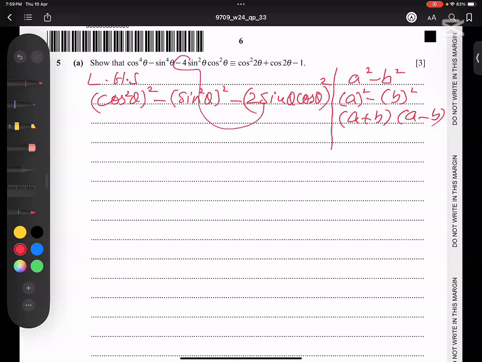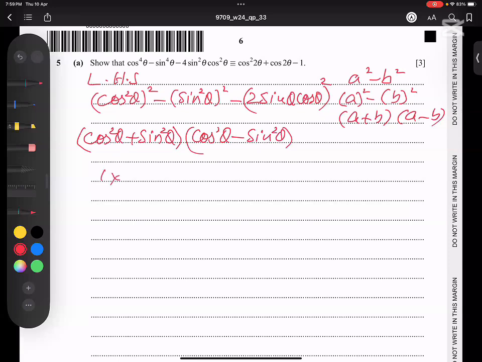Basically, this 4 is 2 square. Okay, now I'm applying the same criteria here. So what do I get? 1 time plus and 1 time minus. So the value in the bracket, 1 time plus and 1 time minus. So this is basically 1.